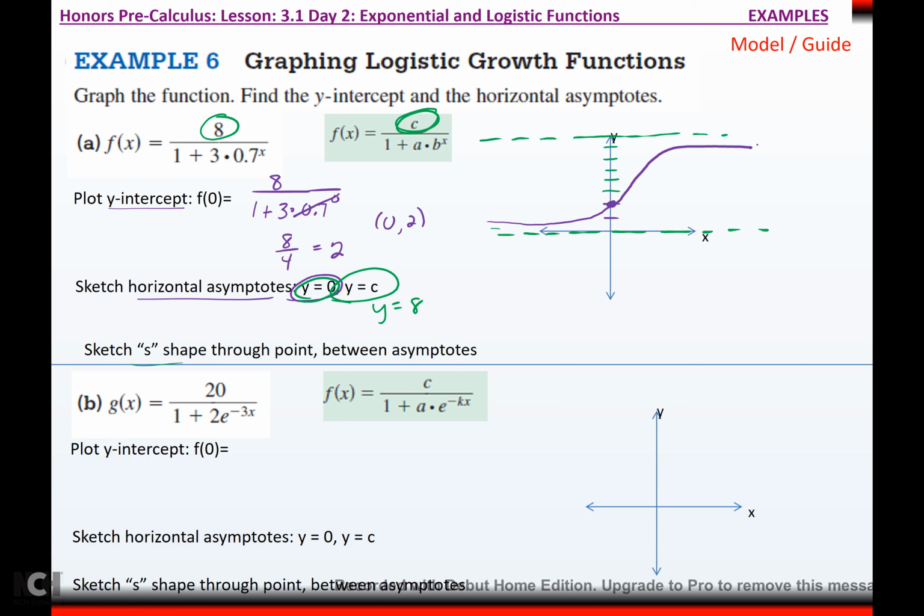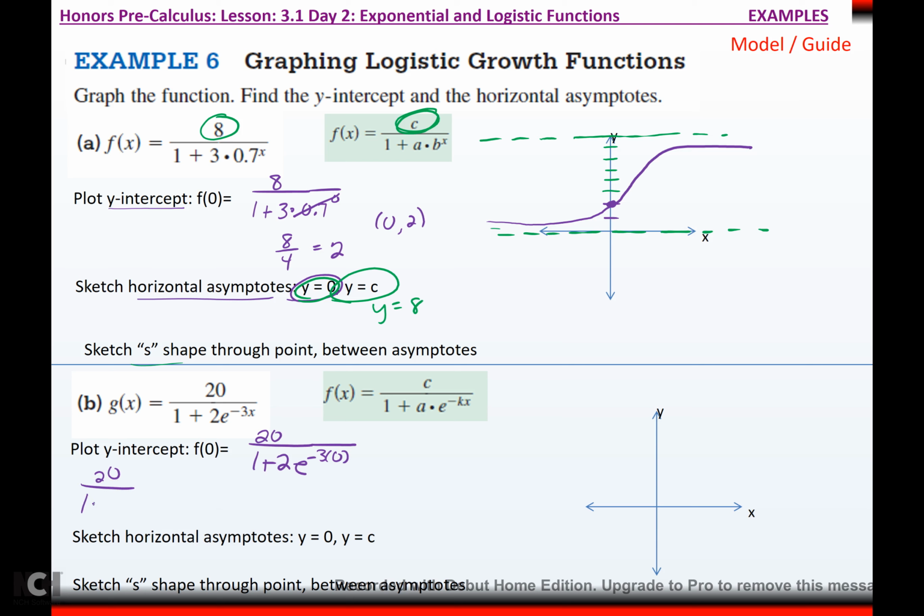Okay? All right, so if I do one with e in it, again, it's no different. e is just 2.71 something. If I find f of 0, I would have 20 over 1 plus 2e to the negative 3 times 0. That's to the 0, right?